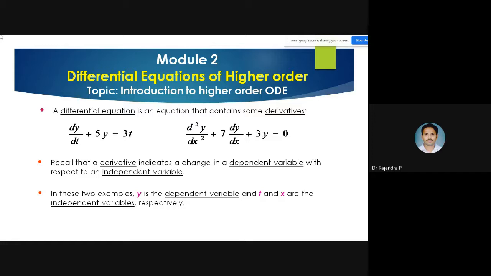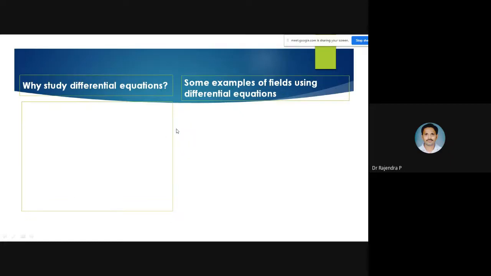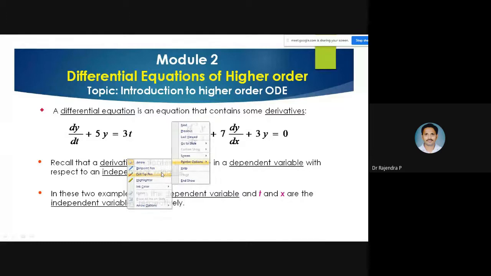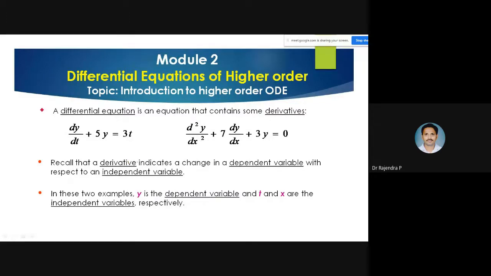So here in this case, in our first equation, I am just writing the powers.